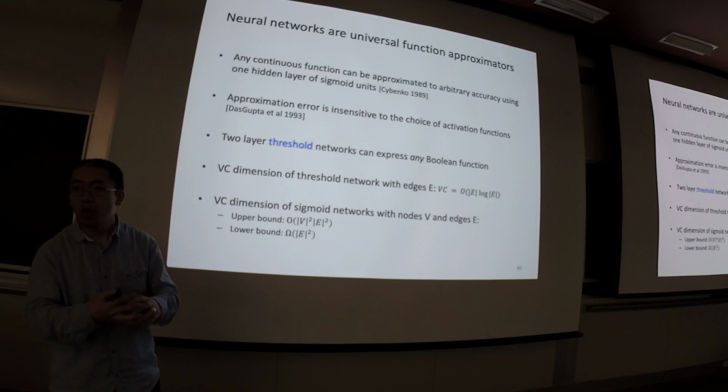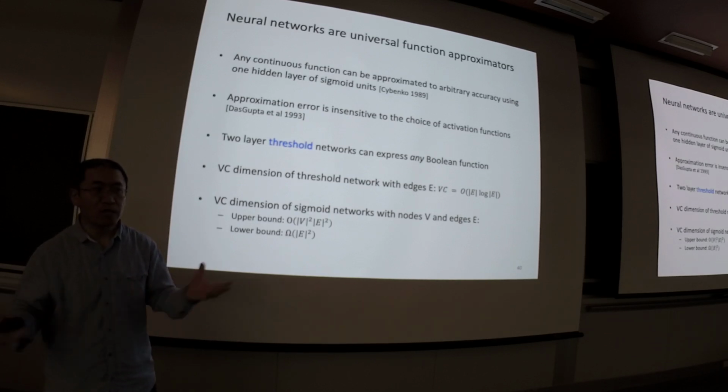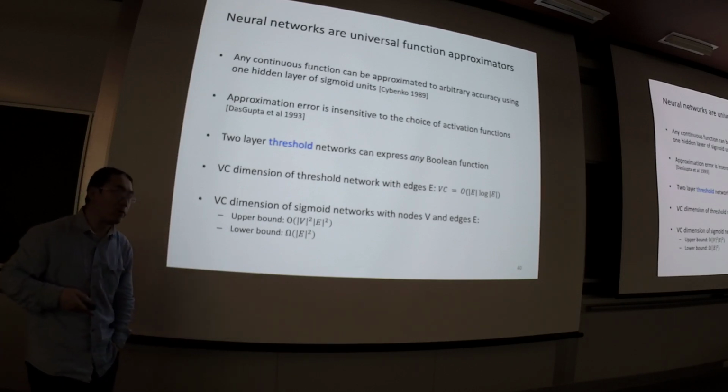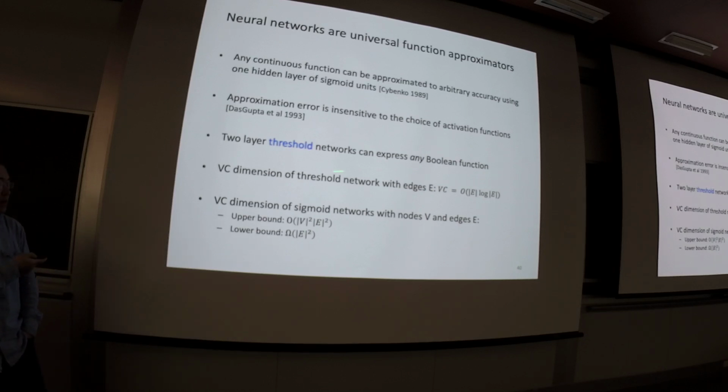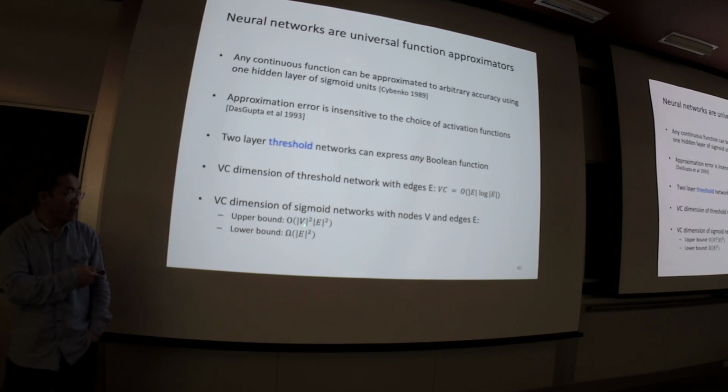The more edges you have, the more flexible you are. VC dimension indicates the flexibility of your hypothesis space. The larger the VC dimension, the more flexible and expressive your model is. That's just for the thresholding neural network. If you choose other activation functions, say sigmoid networks, the VC dimension is even larger because it depends on both the number of nodes and the number of edges.